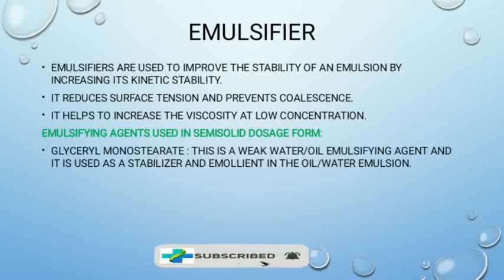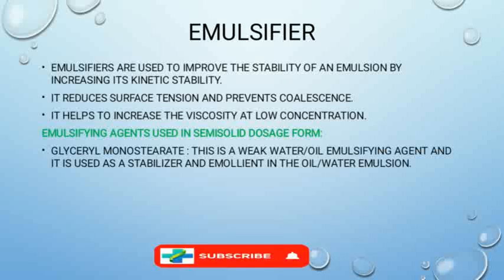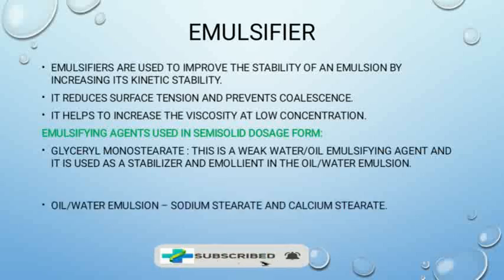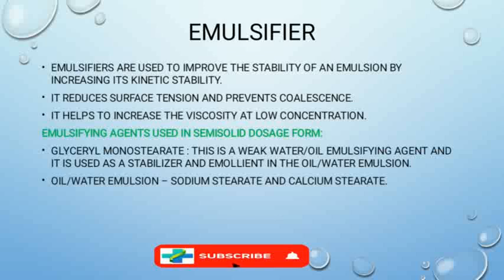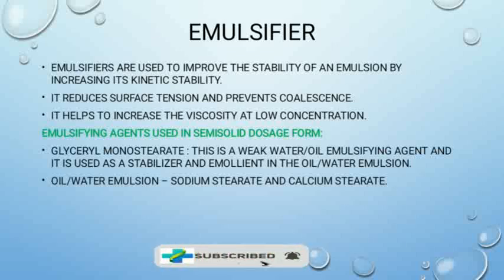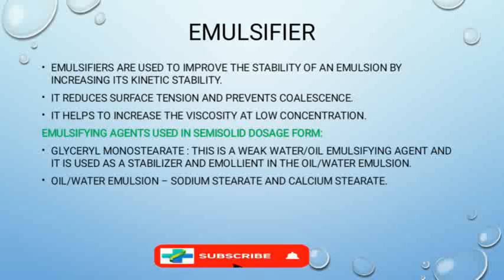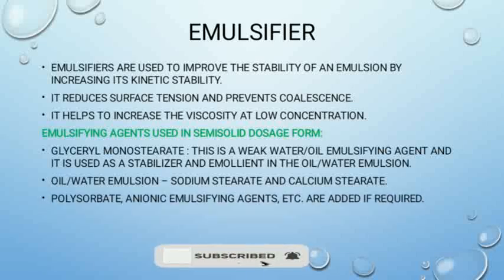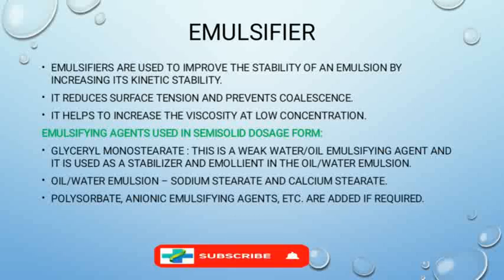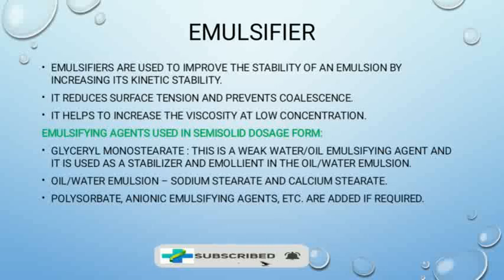It is a weak water in oil emulsifying agent and it is used as a stabilizer and emollient in the oil in water emulsions. Then the next are examples of oil in water emulsifiers such as sodium stearate and calcium stearate. Then polysorbate, then anionic emulsifying agents, etc. are also added when required.